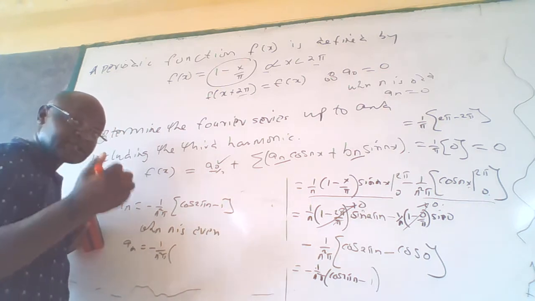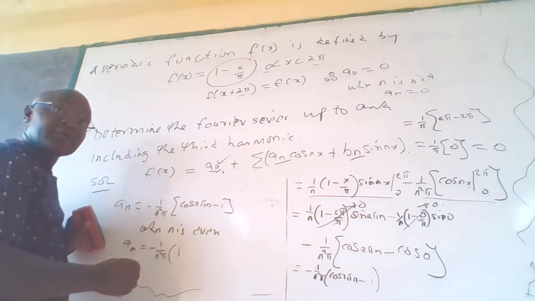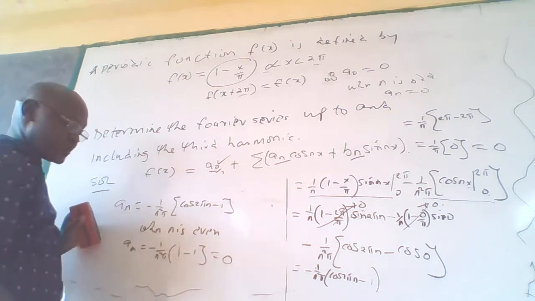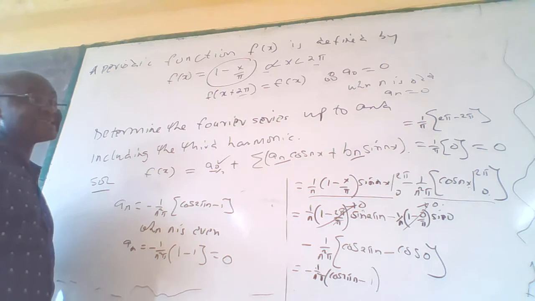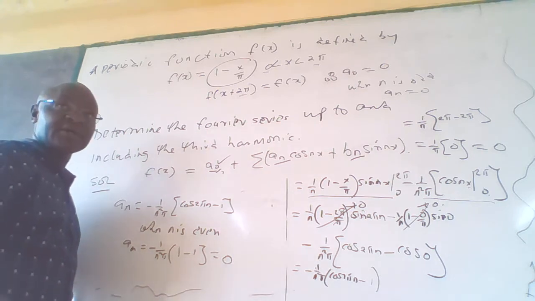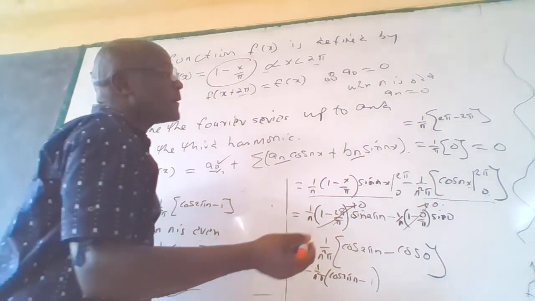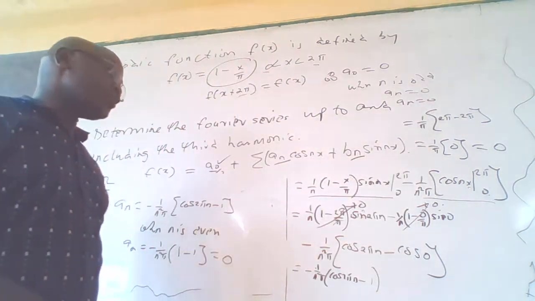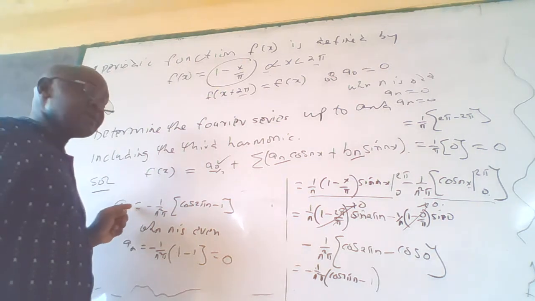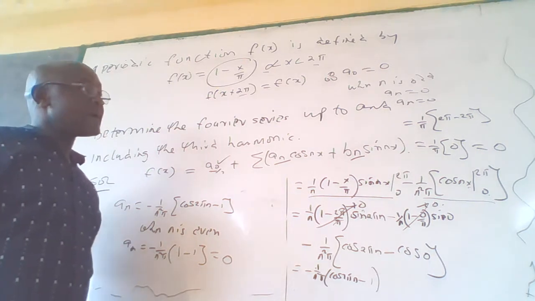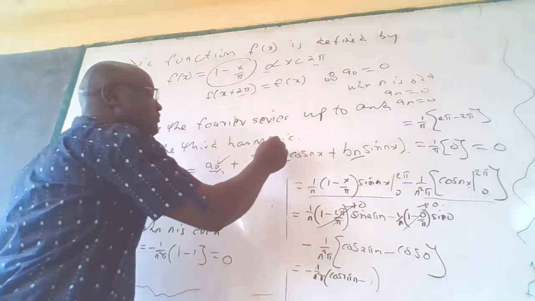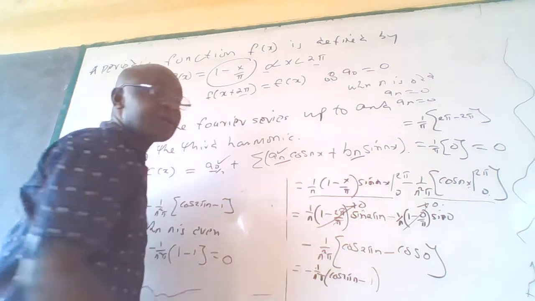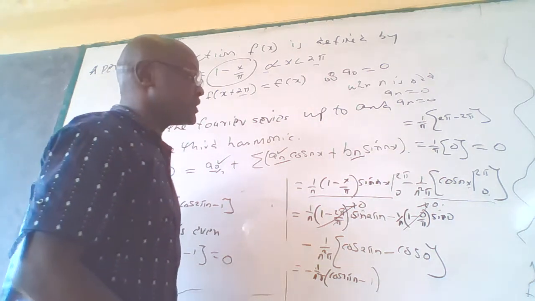Cos 720 will give you 1 when you use your calculator, then minus that 1, which equals to again 0. So we are saying that when n is odd and when n is even, an will also be equal to 0. So what we are saying is that an equals to 0. So we have this value which is 0. So we remain with bn. We can now find bn.